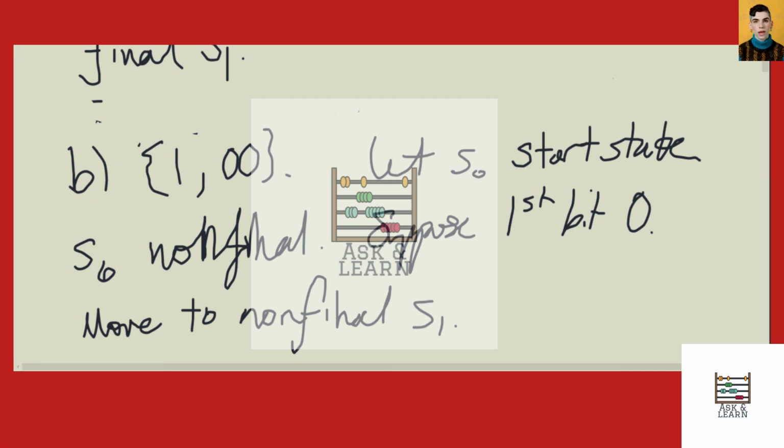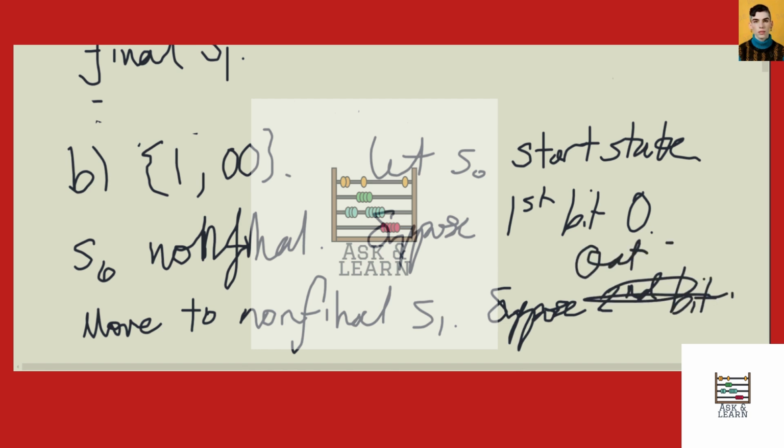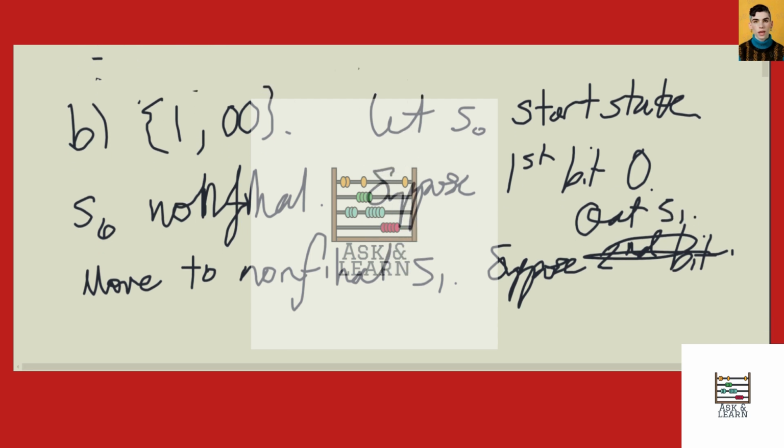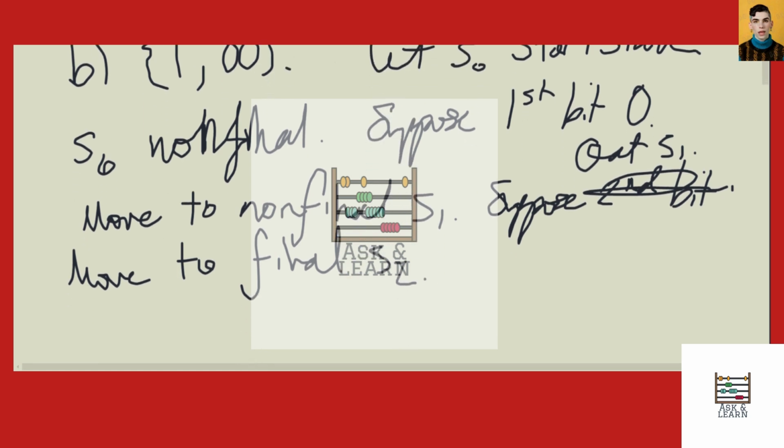And if the next bit is a 0, so we have a 0 at S1, then we'll want to move to the final state S2, and there's not going to be any way out of S2.